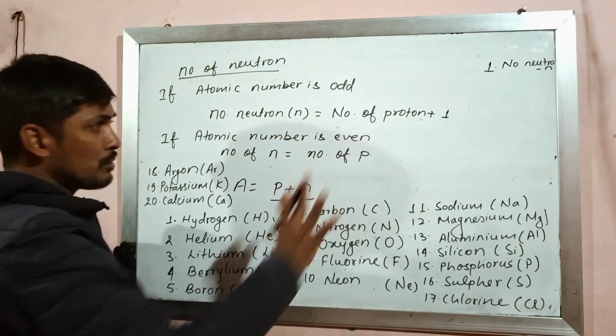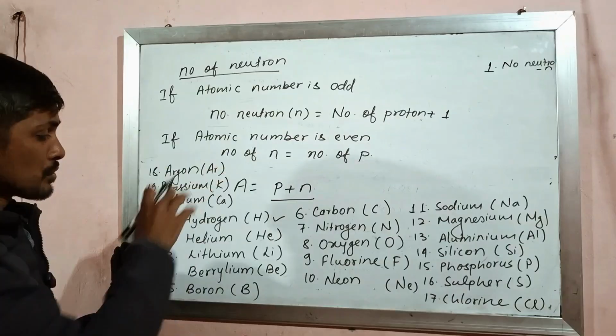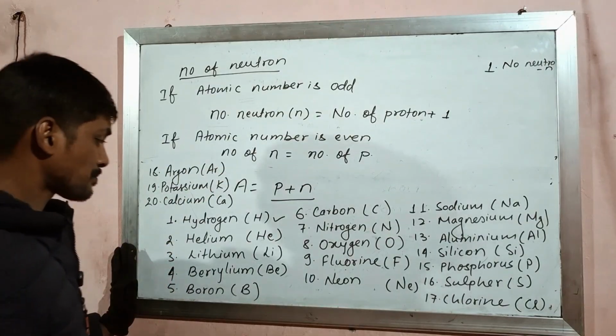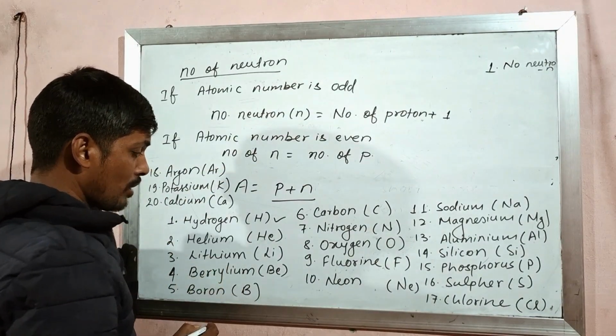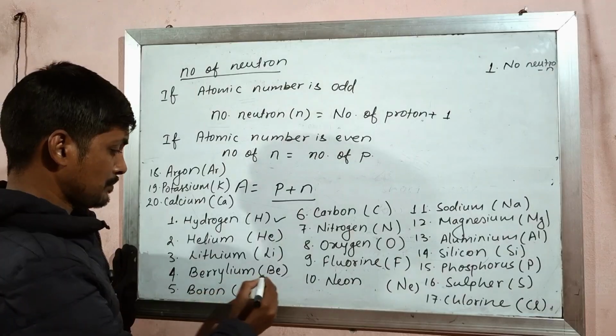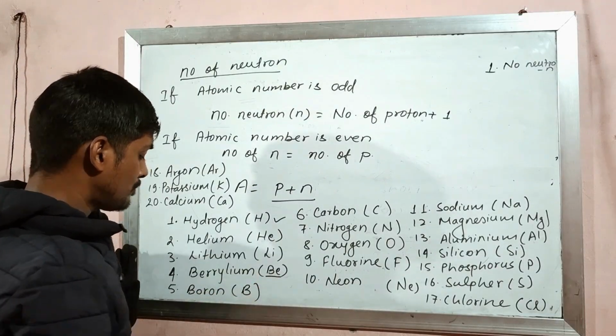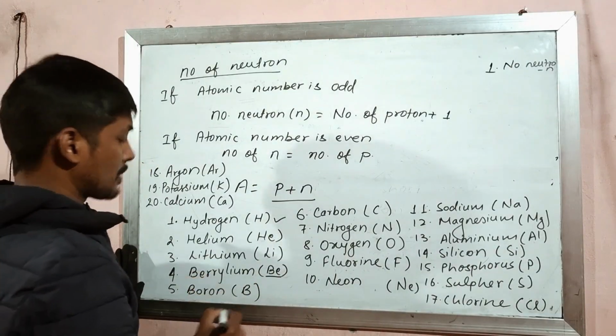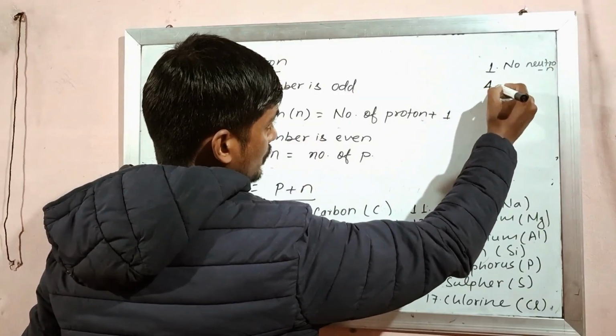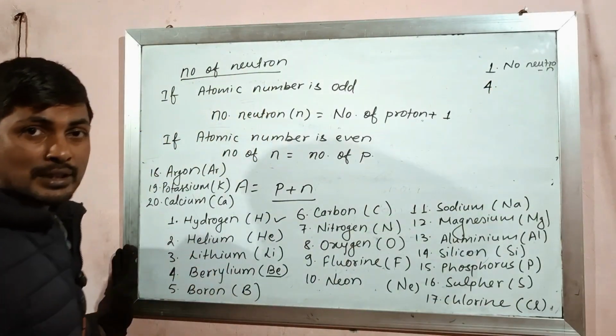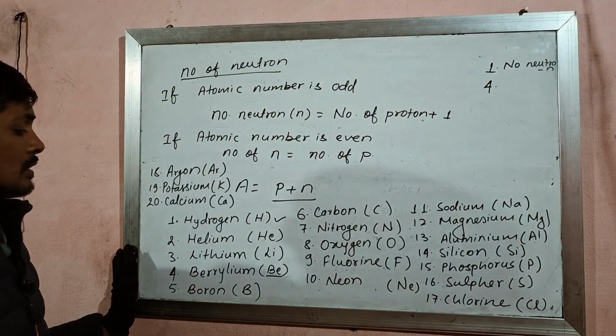So we will not apply this rule to 1 number. Then in case of beryllium, number 4. Number 4 also, this rule is not applicable.